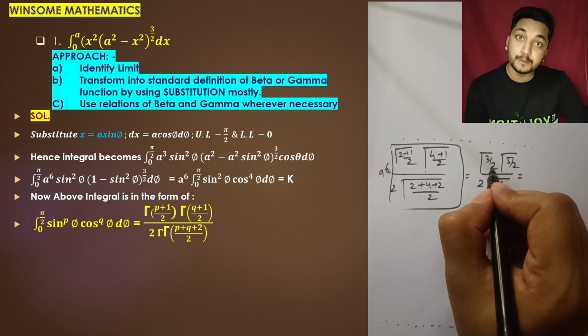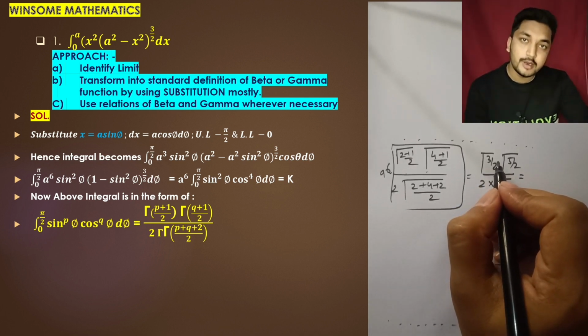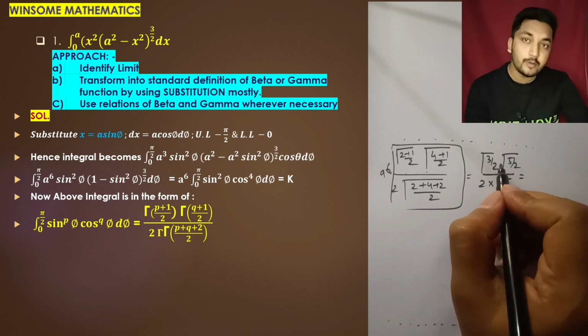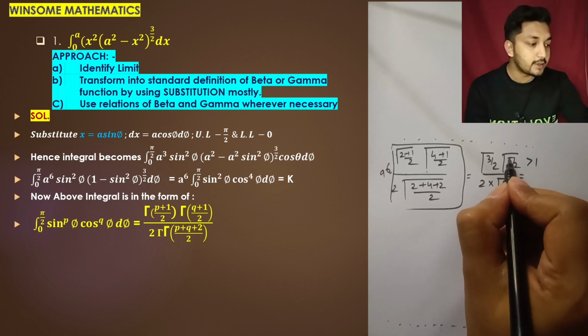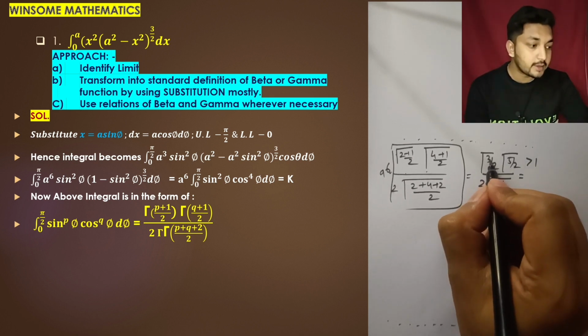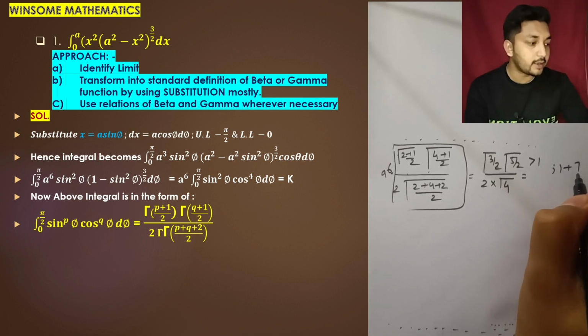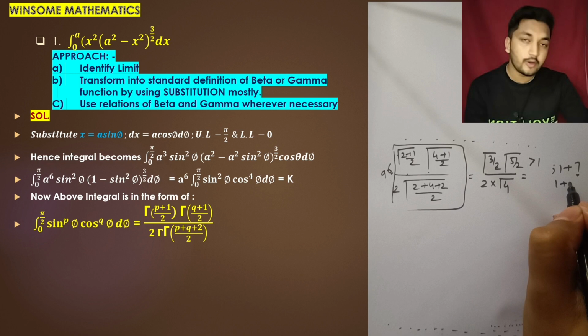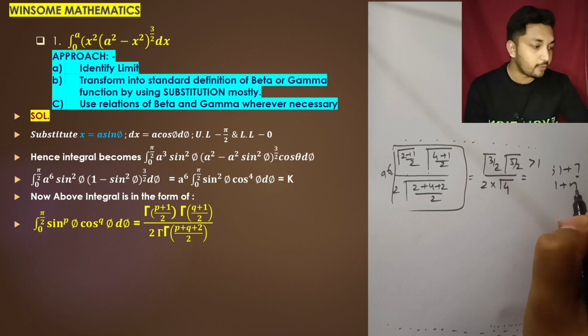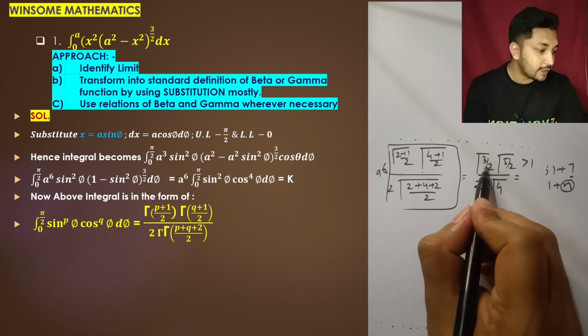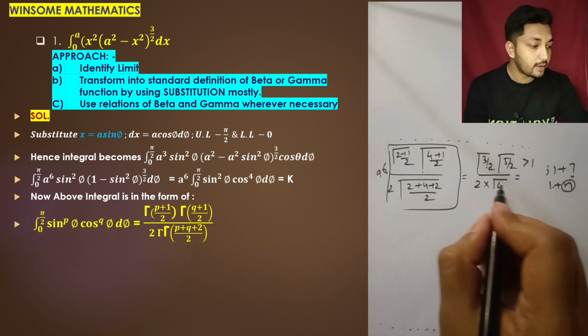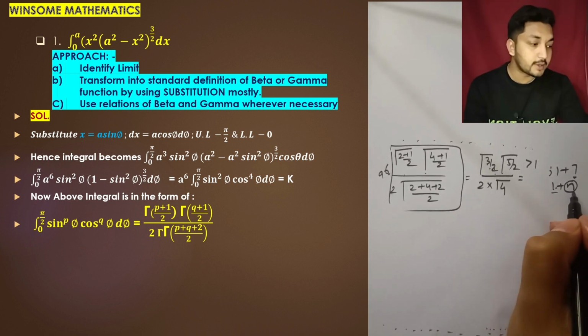Now 3 by 2, how to solve it? I already told you that whenever the term is greater than 1, this 5 by 2 is greater than 1, this 3 by 2 is greater than 1, that means 1 plus something. So 1 plus n. Okay, so we will transform it into this form. So how to write 3 by 2 as 1 plus n?